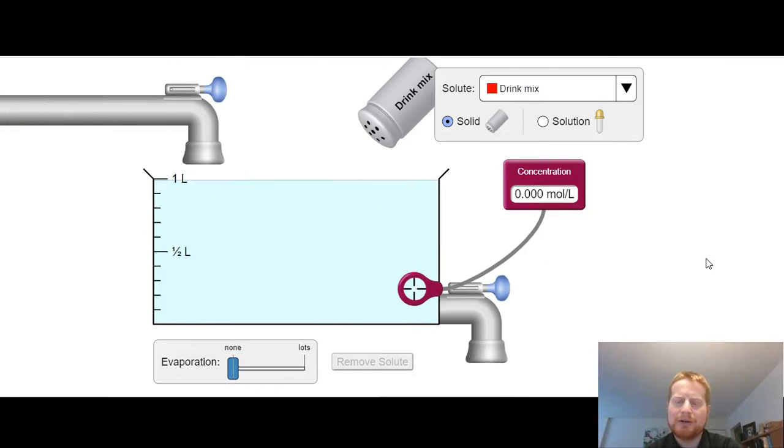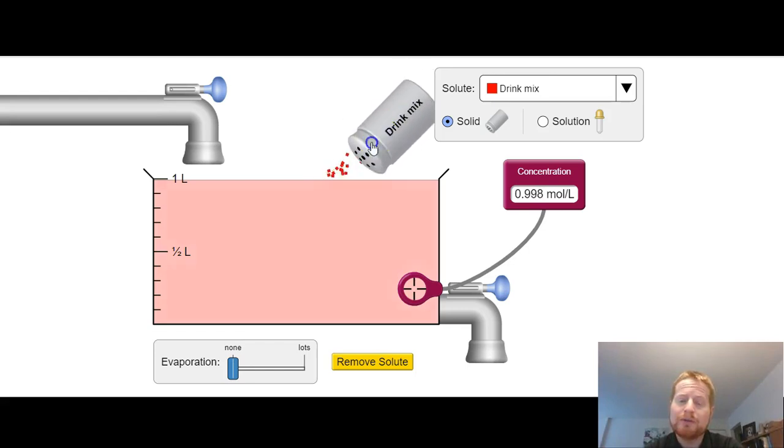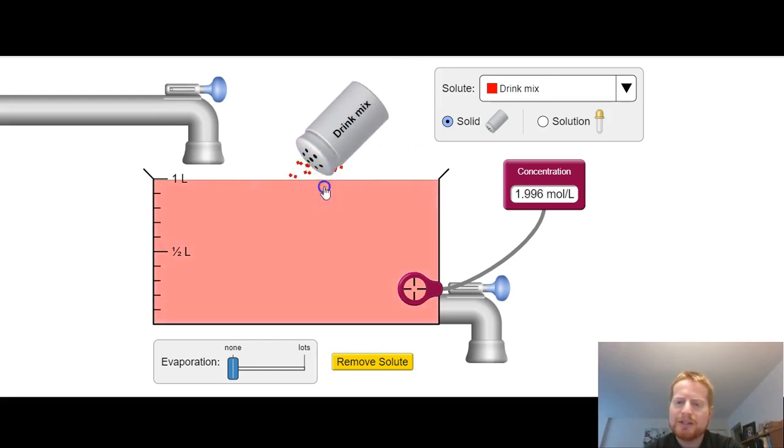Okay, so here is our drink mix, and right now there's just water, there's nothing in there. Here's our sort of Kool-Aid powder we're going to put in to make the drink. And if we add a little bit of drink mix, right now this is relatively dilute. So there isn't all that much solute in there. Now if we continue adding a lot more, we notice that the concentration is getting more and more and more.